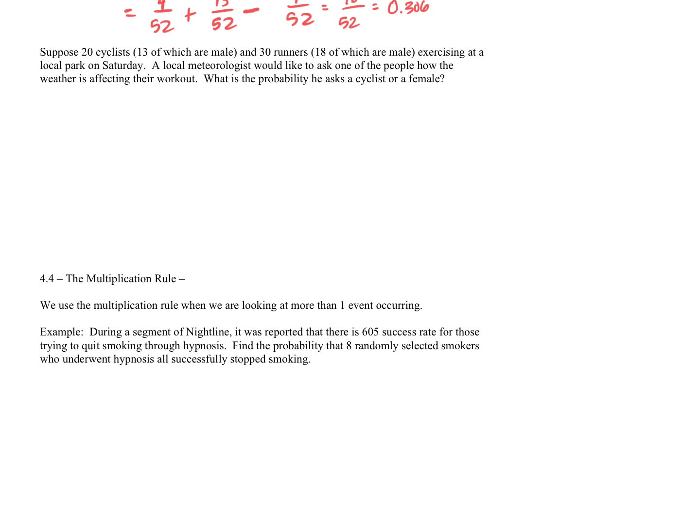I would build the two-way table because it makes more sense to me, plus I think it's good practice. If I'm building the two-way table, what should go across the top? What are my variables? Cyclists, runners, male and female. So one variable is the activity, cycling versus running.